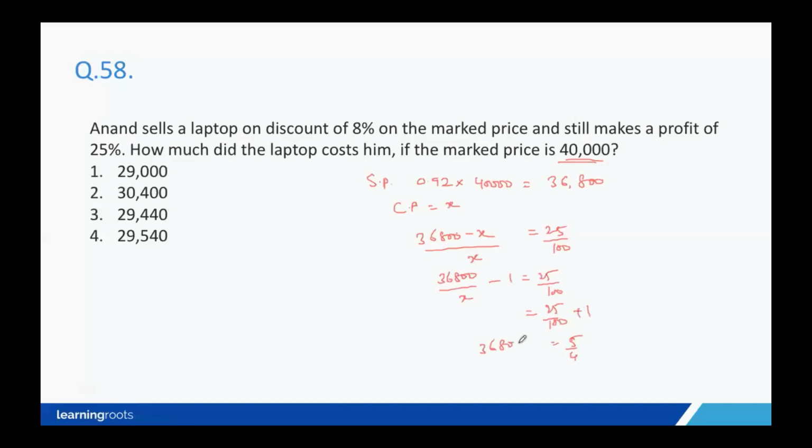And this is equal to 36,800 by x. Again, just simply solve for this. 5 7s are 35, 5 3s are 15, and so on. So x will be equal to 7360 into 4, which is 29,440. So 3 is the answer.